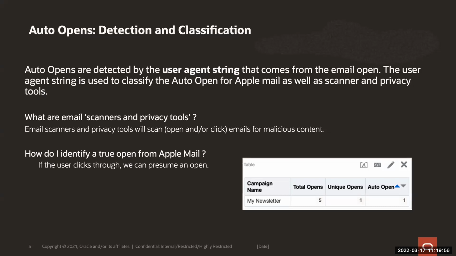Now, the caveat here between scanners and privacy tools compared to Apple Mail is that with Apple Mail, we know what the user agent string is. So we know it's Mozilla 5.0. When we get that return, we can classify the auto open. With scanner tools, though, there are quite a number of different user agent strings that we need to look up.